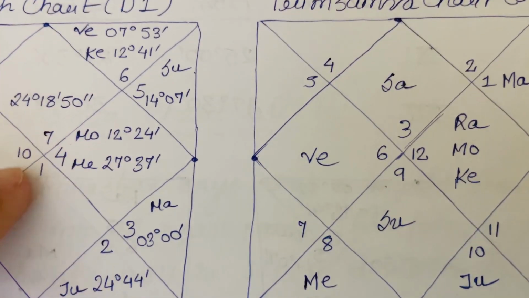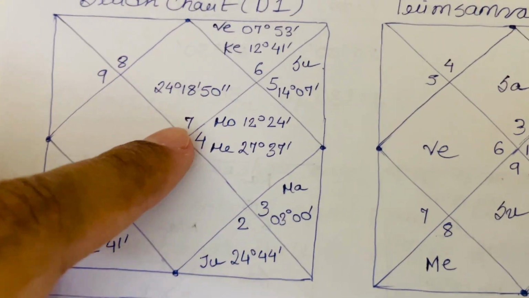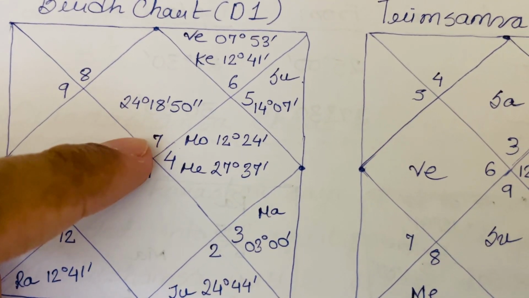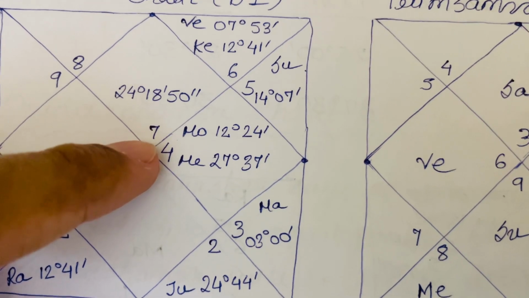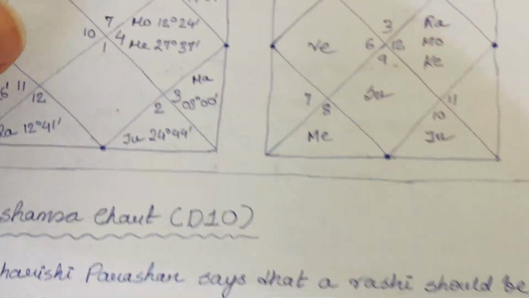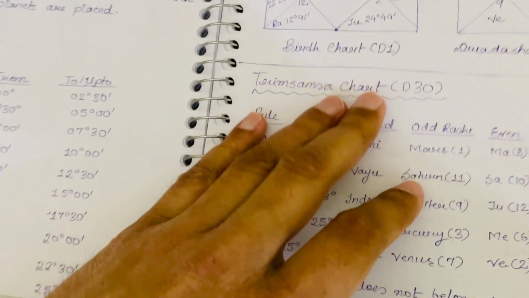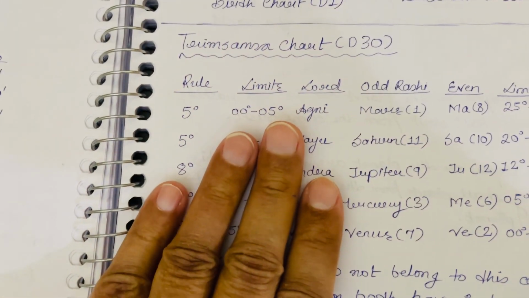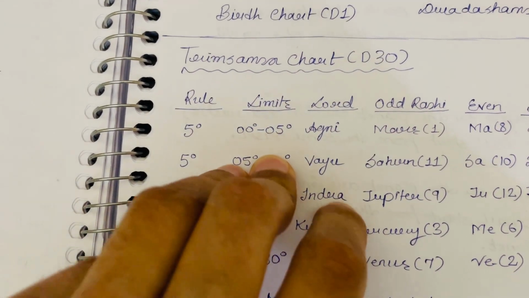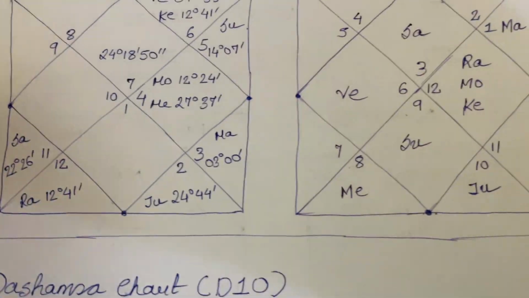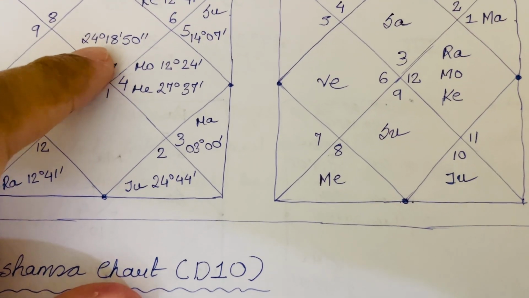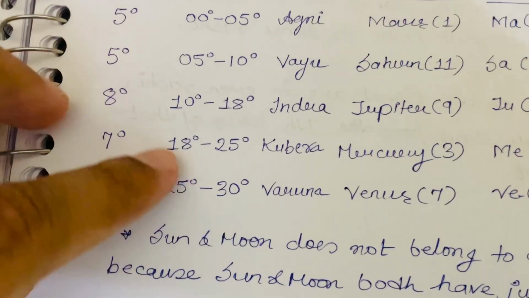Now let's go here and understand the Lord of the first house. The first house is Libra, right? Libra is an odd sign. Odd sign means we will look at this part of the table, odd Rashi. What is the longitude of the ascendant? It is 24 degrees 18 minutes and 50 seconds.